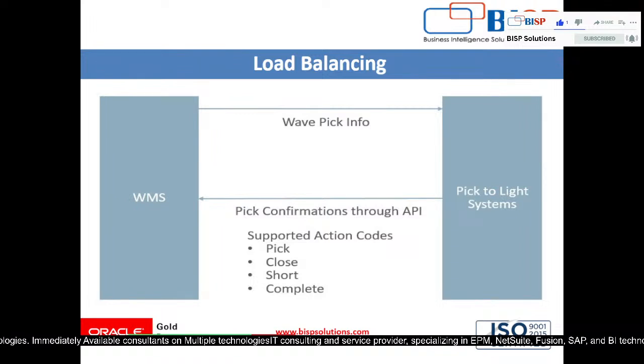When the pick operations are performed, the pick to light system will make an API call and send the pick information through the API. It sends the pick confirmation message to the API, and at the end WMS is updated with the pick information. So this is the load balancer system in WMS Cloud, right?